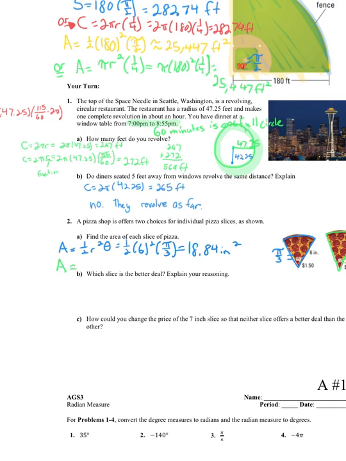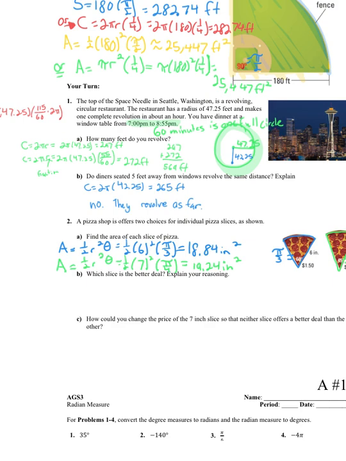The area of the second slice, 1/2 r squared theta, is 1/2 times 7 squared times pi over 4, and that's going to give me 19.24 inches squared. So the second one clearly has a bigger area than the first one.